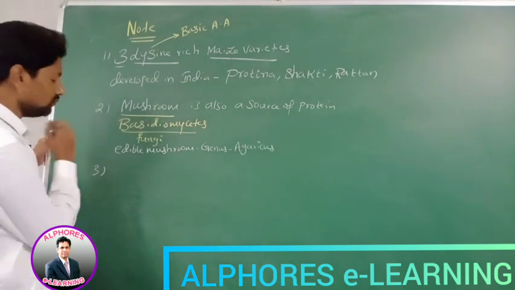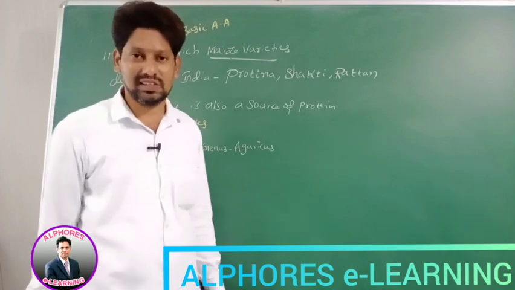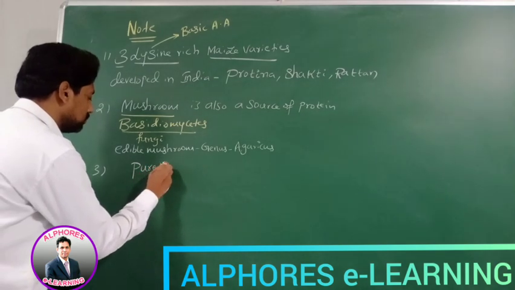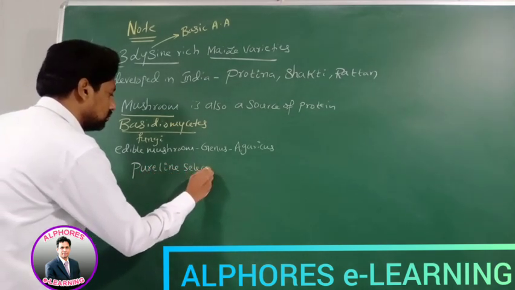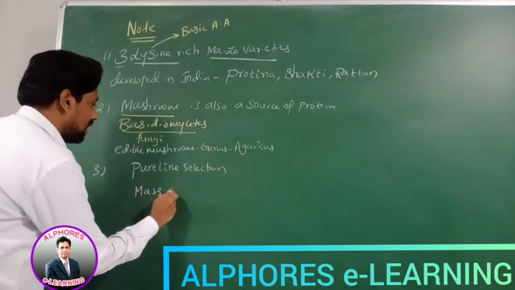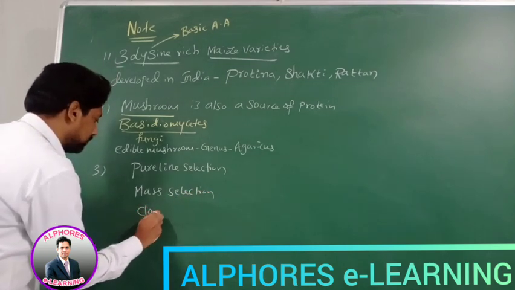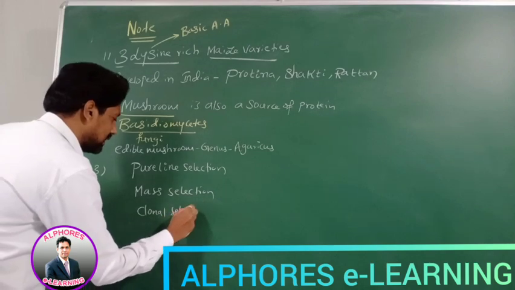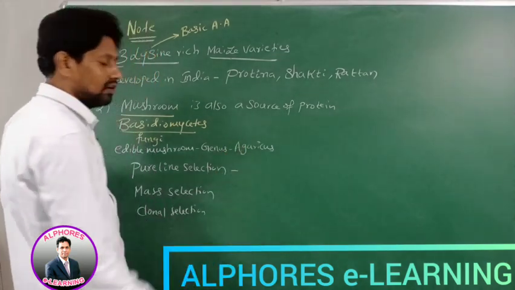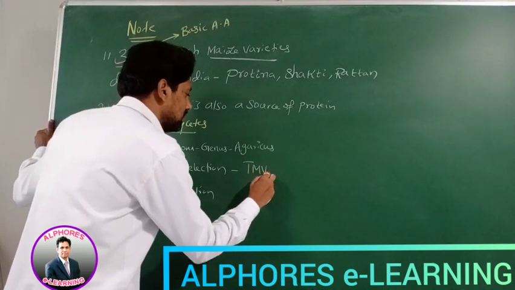Next one. We discussed three types of selections: pure line selection, mass selection, clonal selection. Yes or no? By pure line selection, a variety is developed by name TMV3.